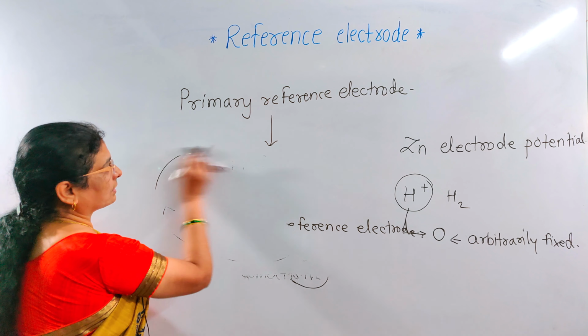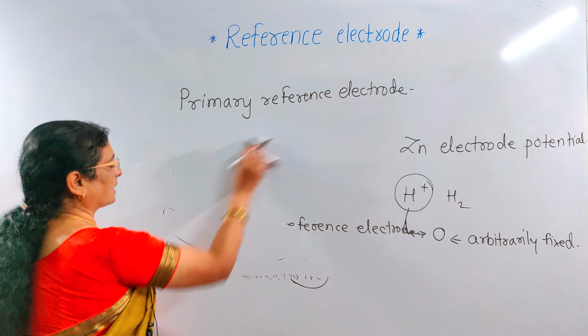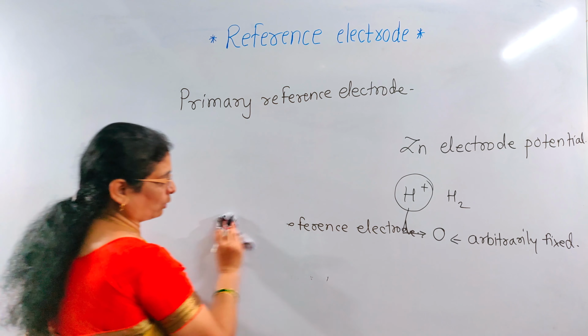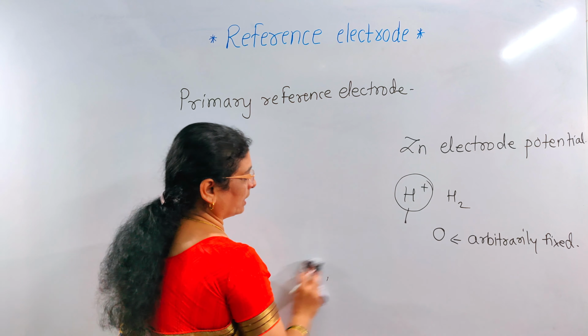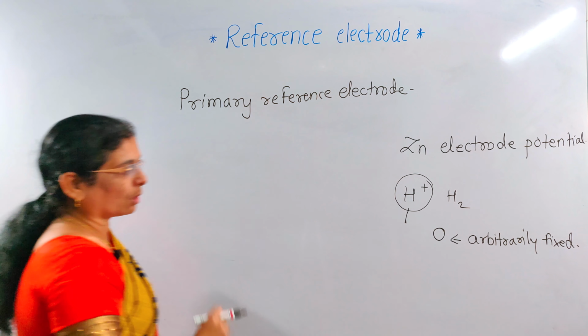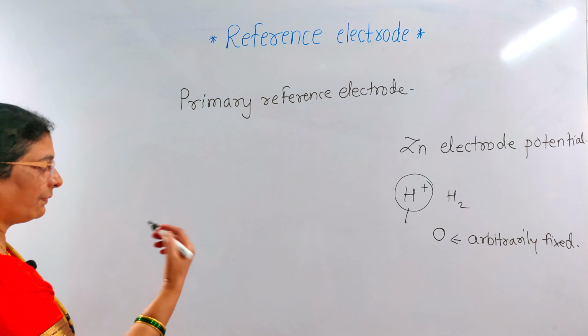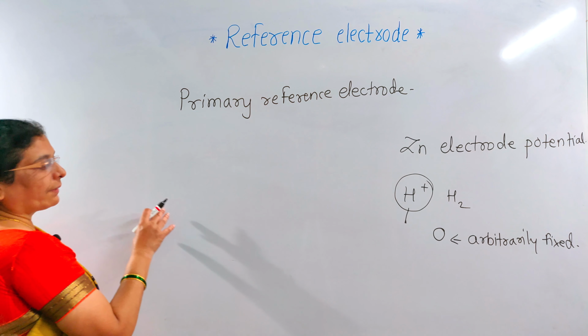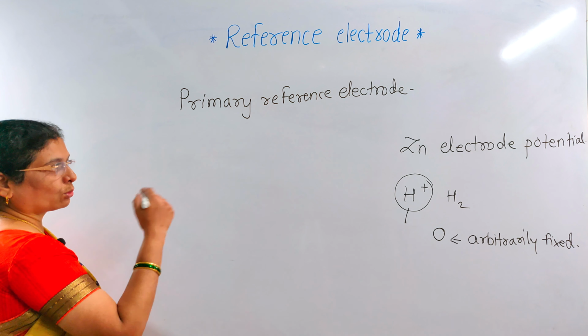You can understand the difference between primary reference electrode and secondary reference electrode. The primary reference electrode is the standard hydrogen electrode, whose potential is arbitrarily fixed, and for a secondary reference electrode, the potential is known to us.